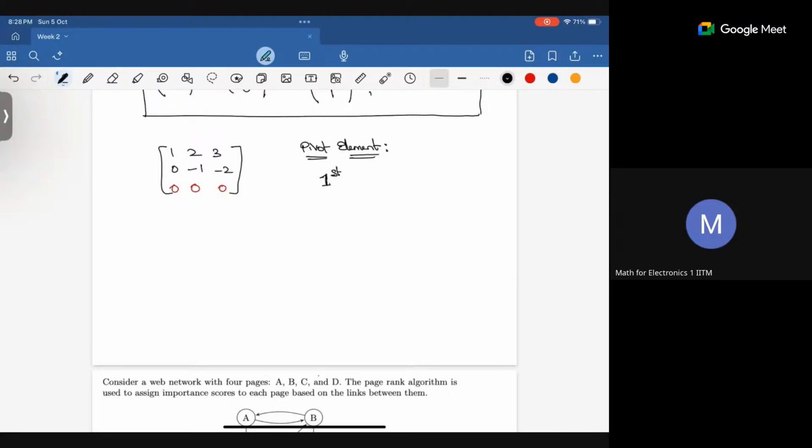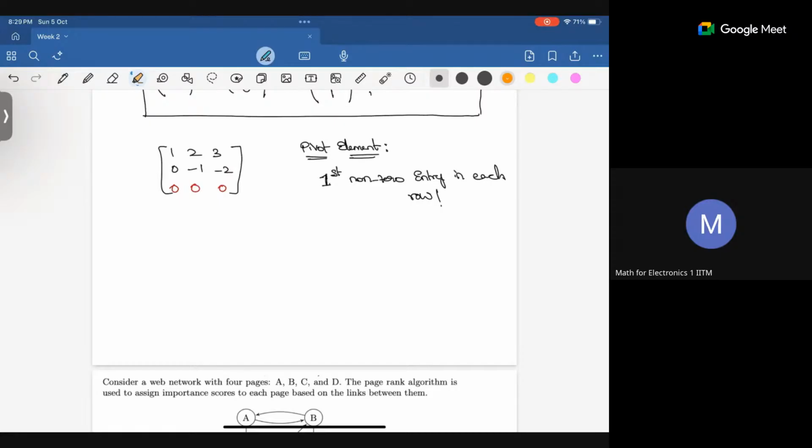It is the first non-zero entry in each row. Those are called pivot elements. So here, if you just walk through the rows, you can find the pivot elements.